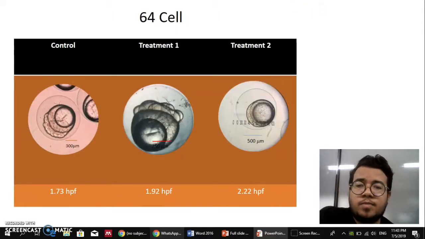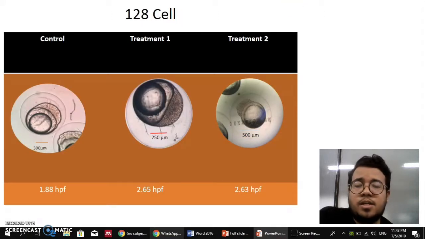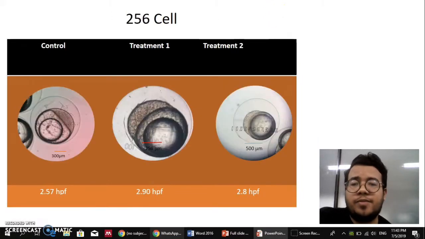So this is the 64 cell development, which can be seen right now. Treatment 2 is taking the longest time to achieve during this development process. This is the 128 cell development, which can be seen that the fastest treatment goes to control, which only took 1.888 HPF.